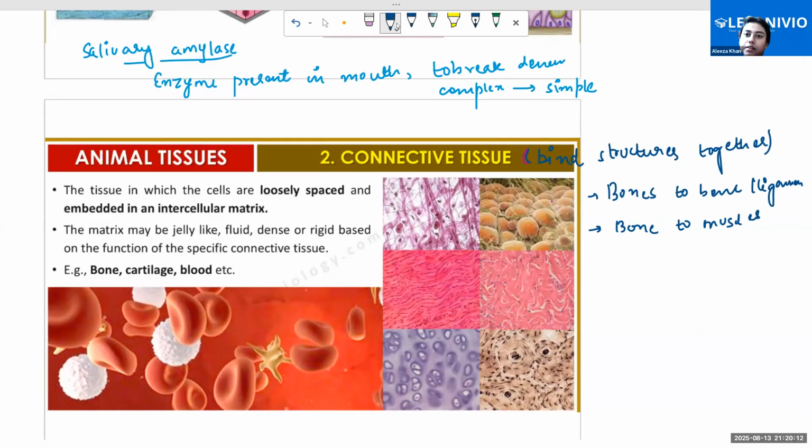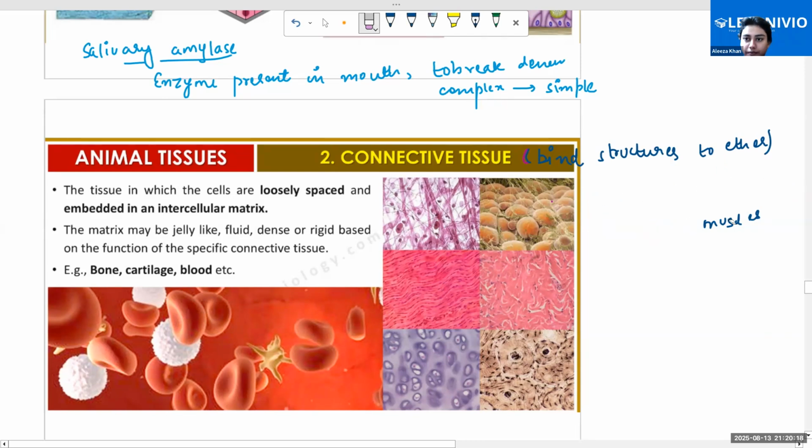Joints. But if I talk about the soft tissue structures, then cartilage. See, a joint is having two bones, but how are the bones connecting to each other, how are the joints being formed?